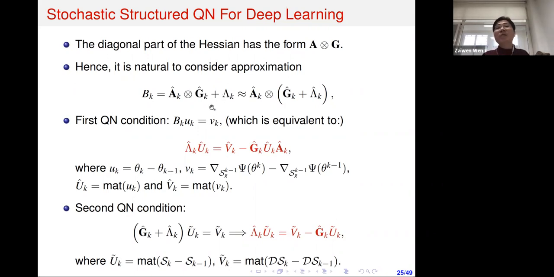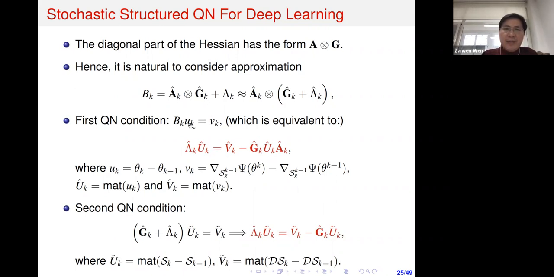Because in practice we can only afford to compute those matrices on a few examples, right? So even though this explicitly only holds in expectation, under a few examples we can do those two kinds of approximation. Then we have two kinds of quasi-Newton conditions. U_k is the difference of parameters, and V_k is the difference of the gradients. Of course, these are stochastic gradients.